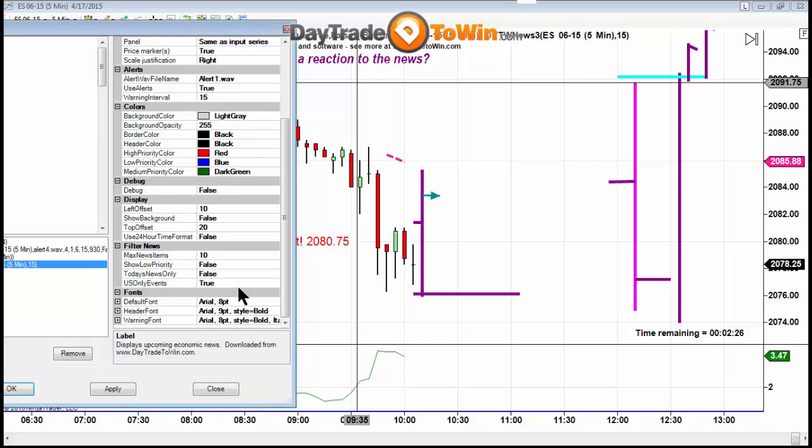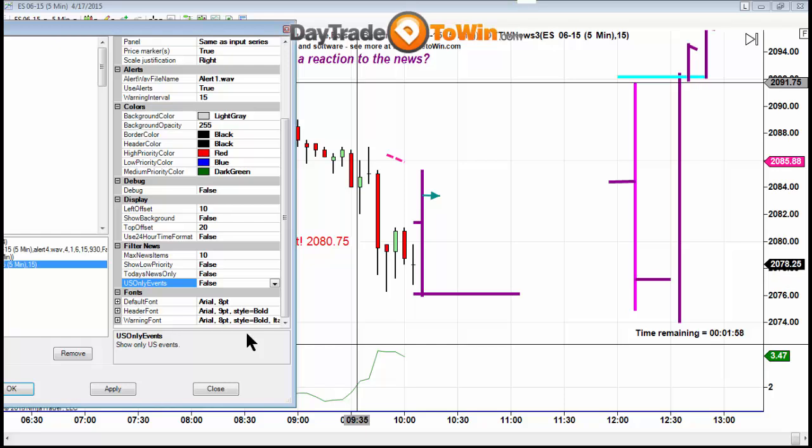This method that I'm showing you about the news is universal, because you can look at a specific British pound news release, and so for example, if I click false, you're going to see all news events throughout the world. And if you see a market that you like to trade, the British pound or the euro, and there's an economic report relating solely to that market, this is exactly the same idea.